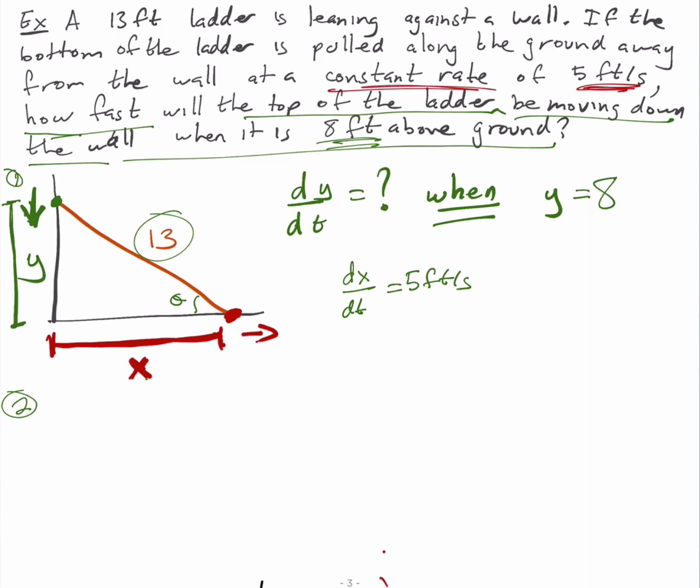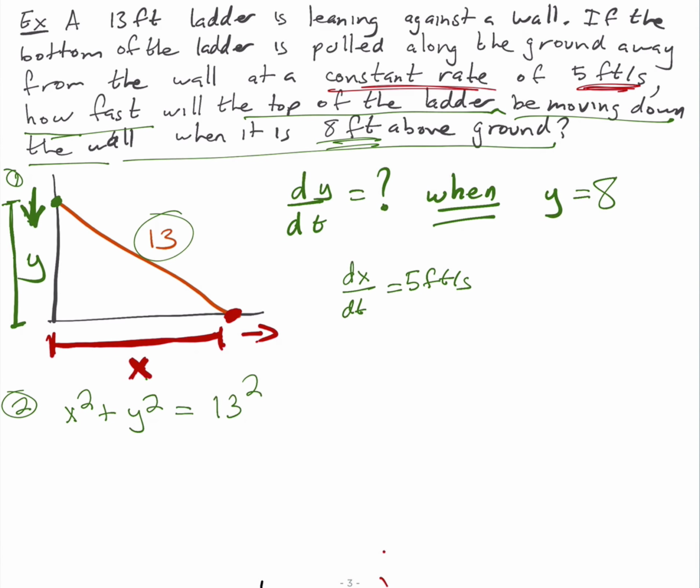Good. I'm glad you guys did not say area, because that would have made me very sad. Okay, so the Pythagorean theorem, what is it? x squared plus y squared equals 13 squared, right? So far so good?